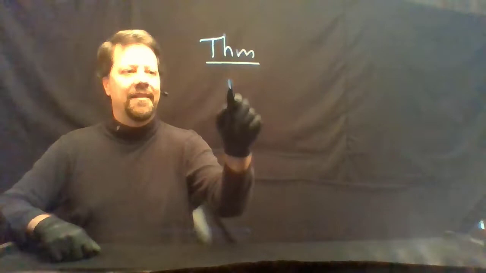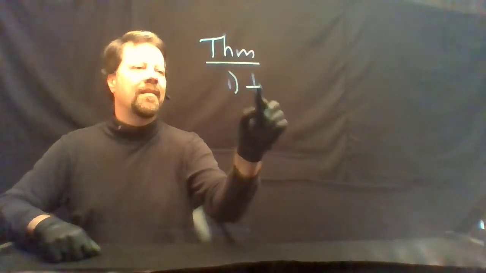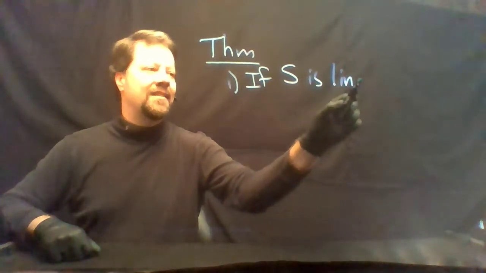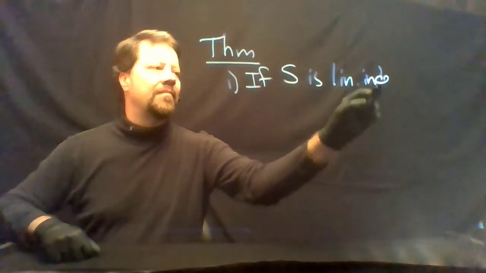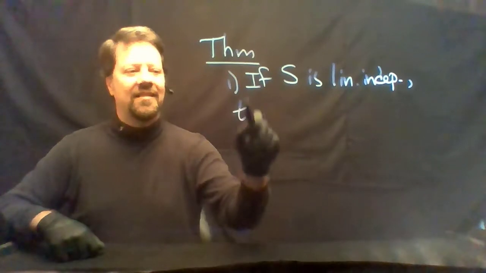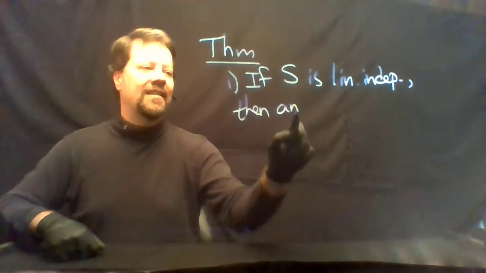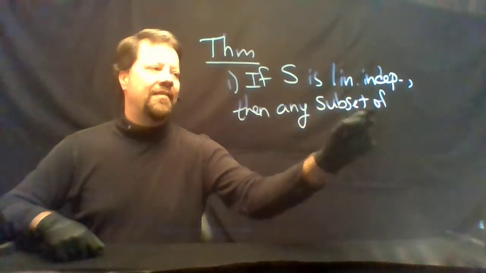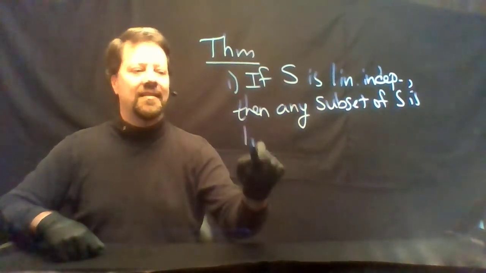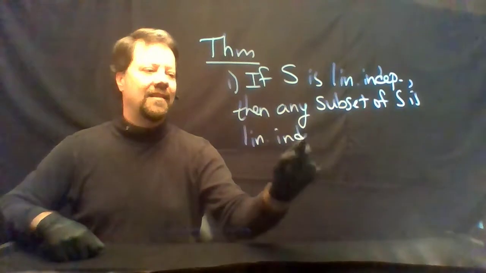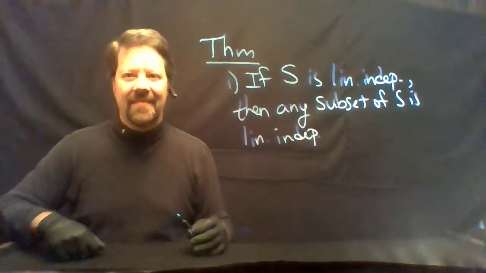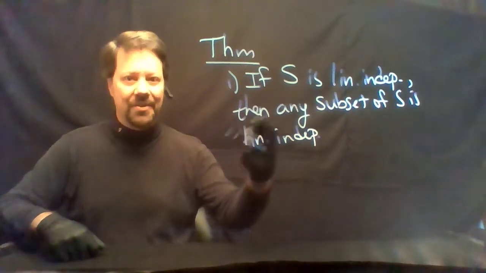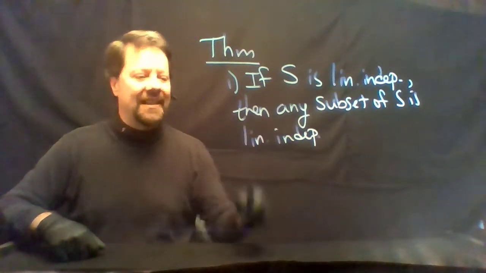We have the following theorem. If S is linearly independent then any subset of S is linearly independent. You can't get dependence by taking vectors away, only by throwing them in.